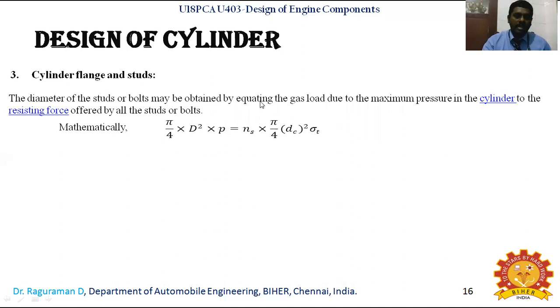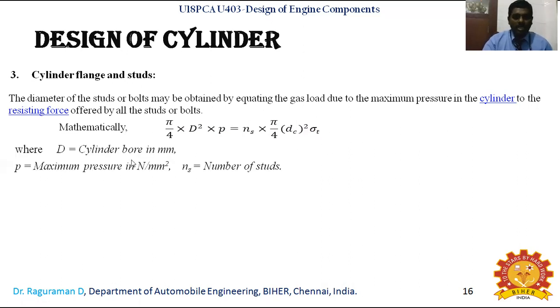In the case of a cylinder flange stud, you consider Ns into pi by 4 dc squared into sigma t. The bolts and studs experience a tensile stress. So you take the area of the stud multiplied by the tensile stress and the number of studs, how many studs you are going to use.